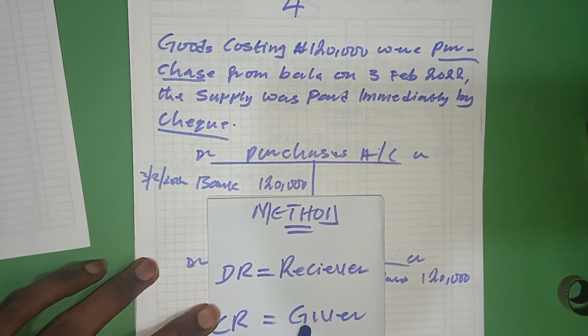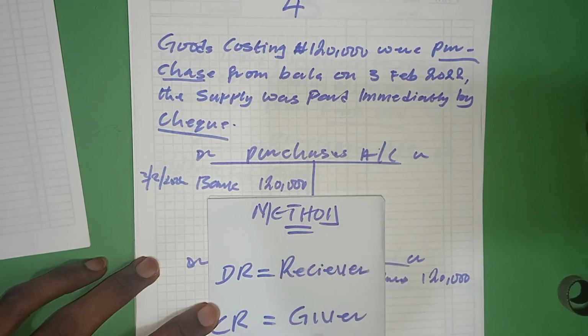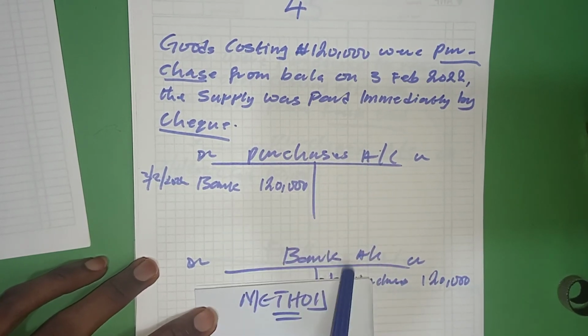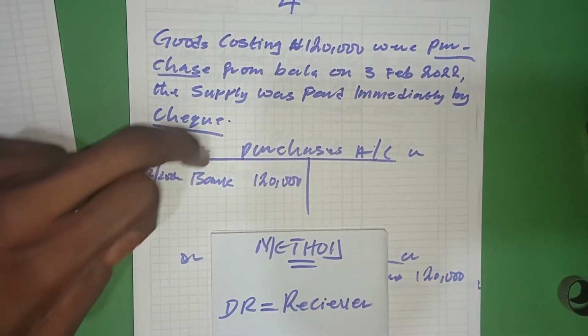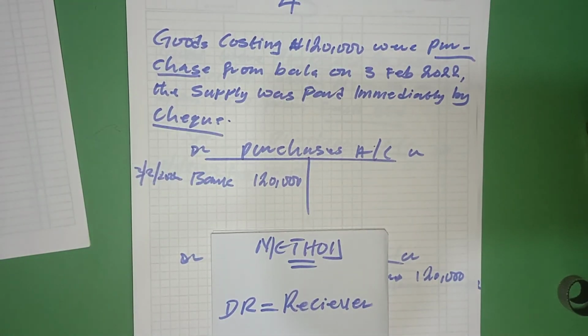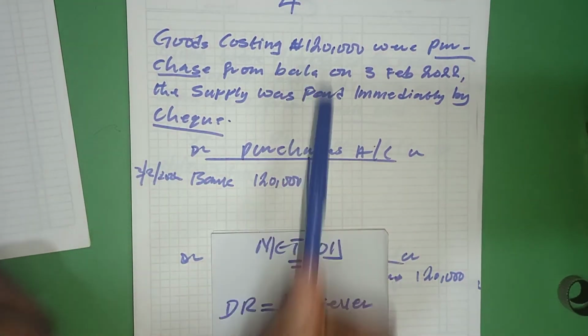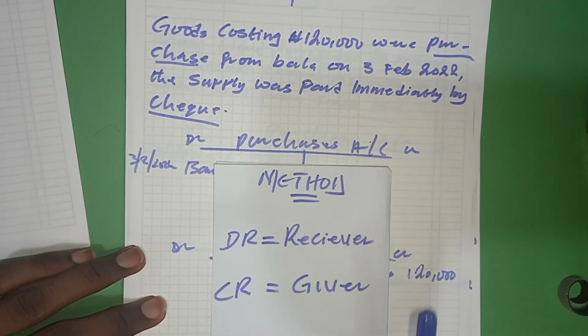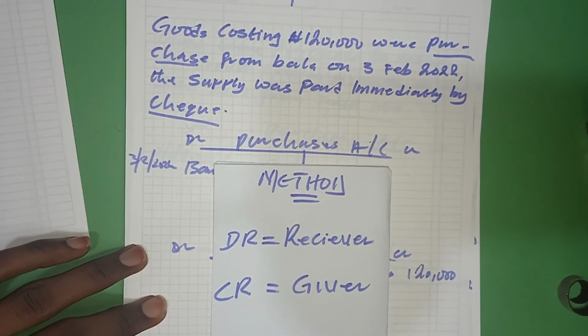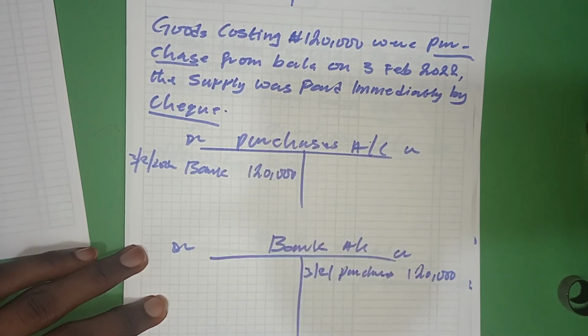Here, the giver is the bank, and the receiver is purchase. Bala is the giver, but because we paid immediately, we are not going to put Bala's name there. We are putting bank, because the money in our bank is reducing.